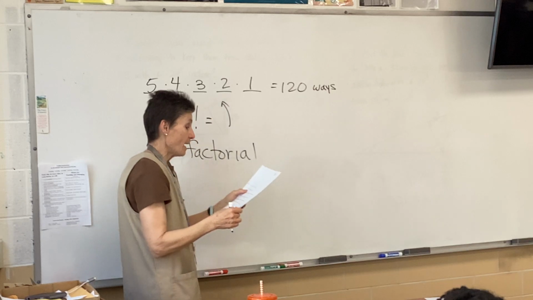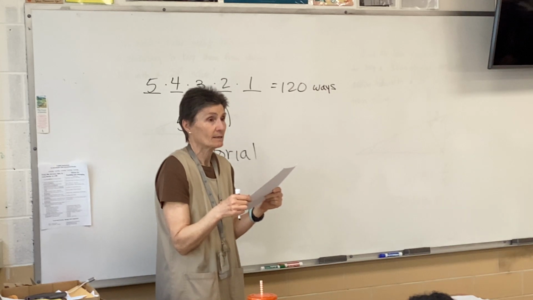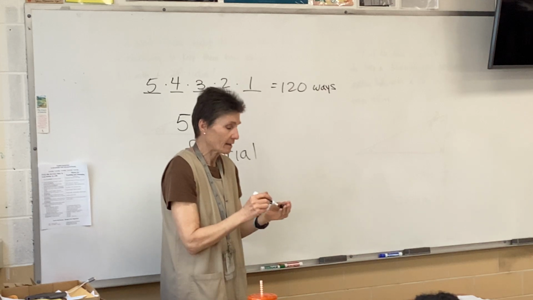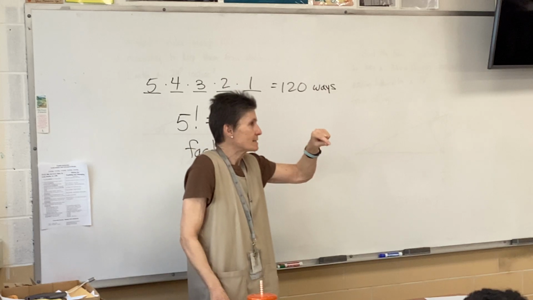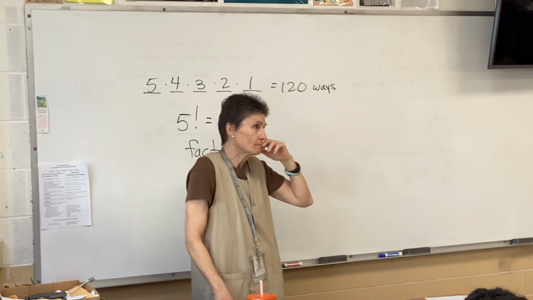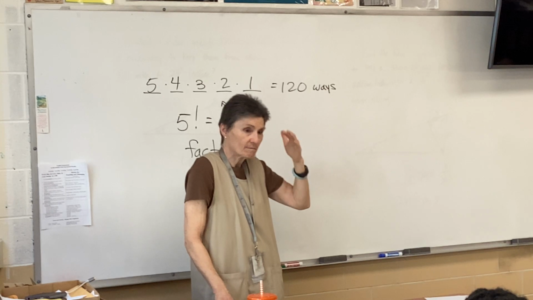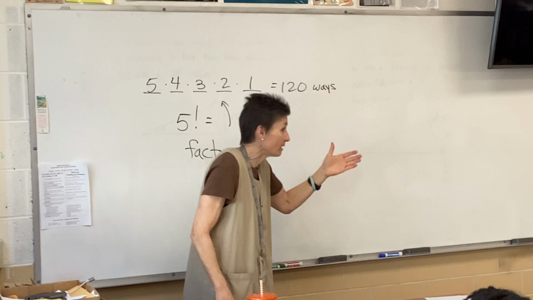Number 2, how many ways can 9 people stand in a line? I want you to think about that for a second. Fundamentally, is that the same problem as 5 books on a shelf? Yes. Isn't 9 people in a line the same as 5 people in a line, or 5 books in a line?